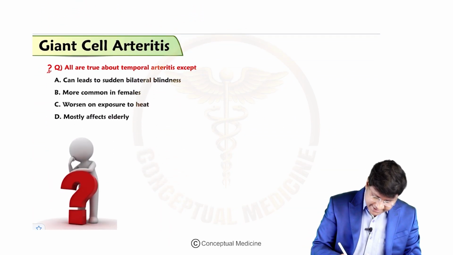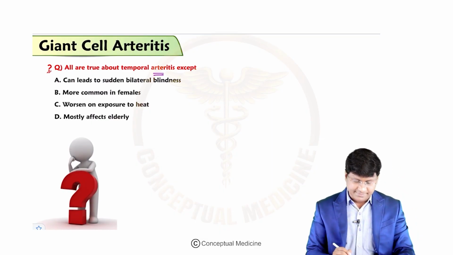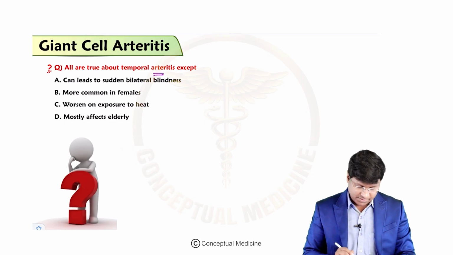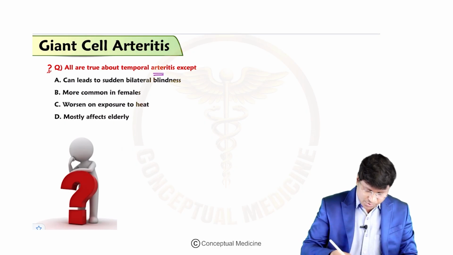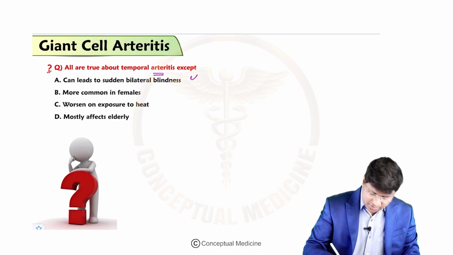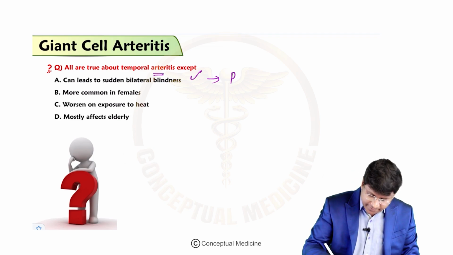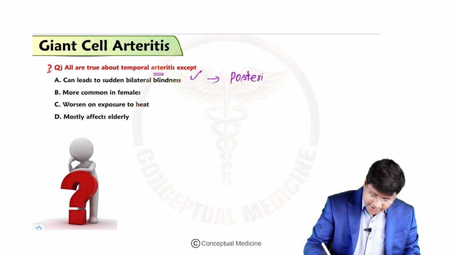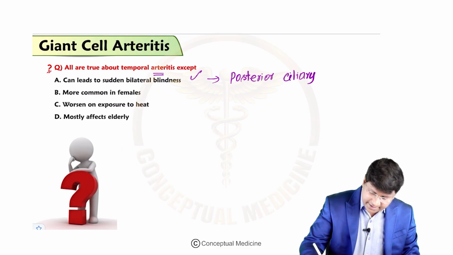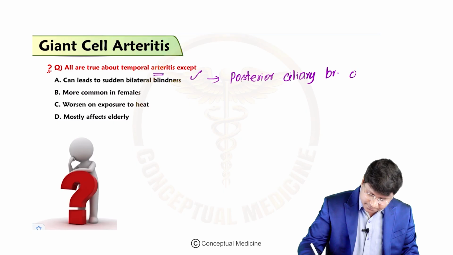Another important question: all are true about giant cell arteritis or temporal arteritis except: can lead to sudden bilateral blindness, most common in females, worsens on exposure to heat, most affects elderly individuals. Sudden onset bilateral blindness is a true statement, due to involvement of the posterior ciliary branch of the ophthalmic artery.